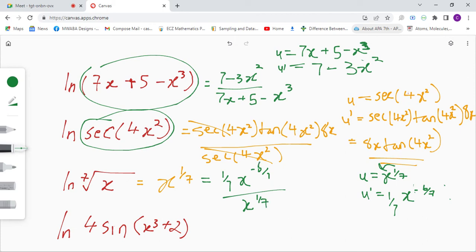So in our numerator, we have 1 over 7 x to the power negative 6 over 7, divided by x to the power 1 over 7. Now this x with the negative exponent is the same as saying 1 over x to the power 6 over 7.